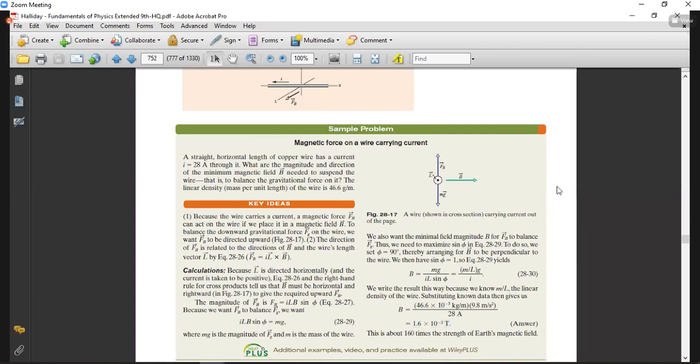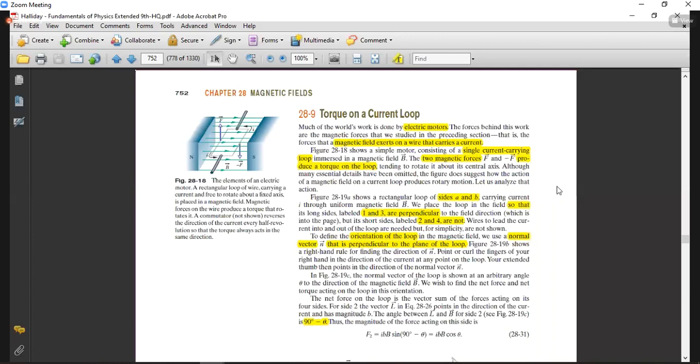Okay, now we come towards the torque on a current loop. You already have studied in FSC that when you have a loop or coil of current within the magnetic field, a torque acts on it, which rotates it. It is the principle of all electric motors, like AC motors and DC motors.